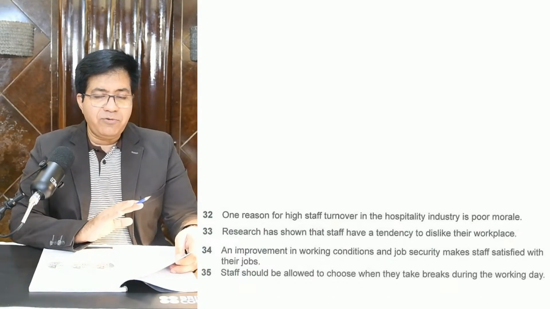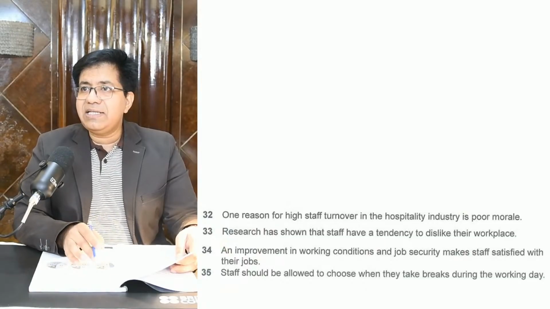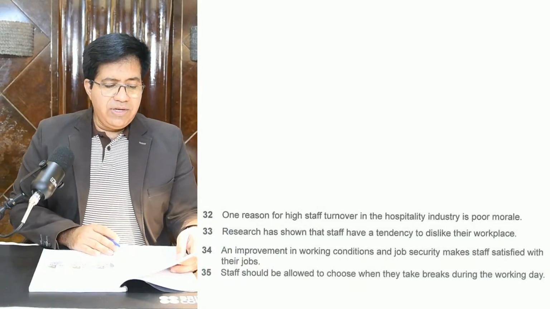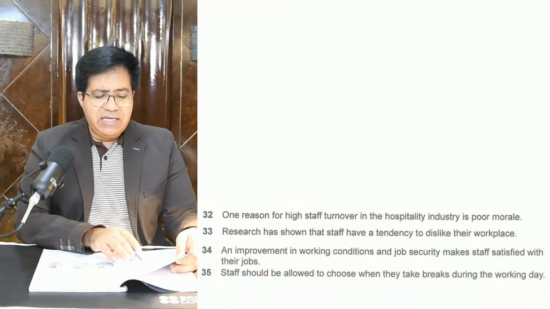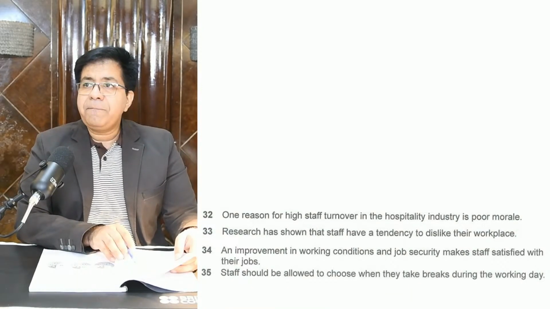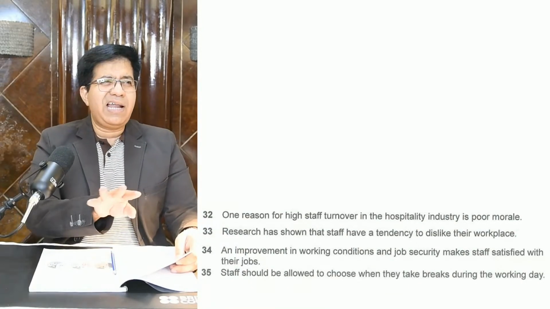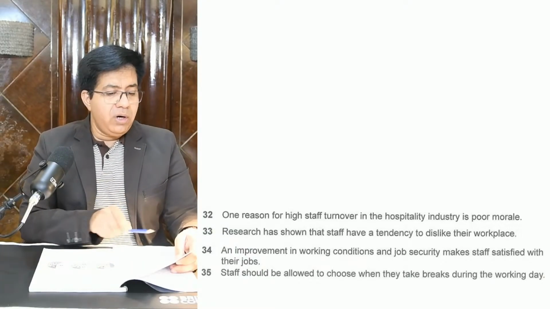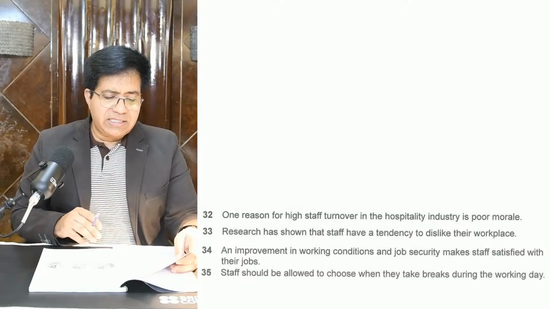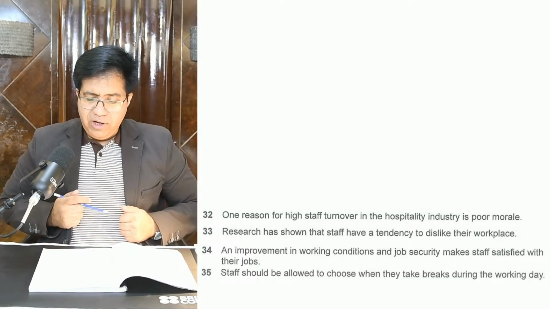And if they have not conducted the result, then it is going to be not given. So research has shown that staff have a tendency to dislike their workplace. Like you say, I don't like my office. It's not comfortable.